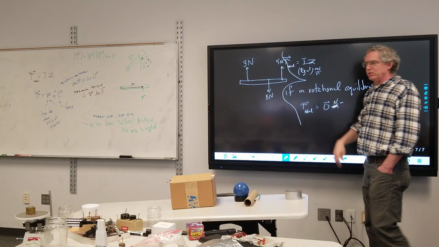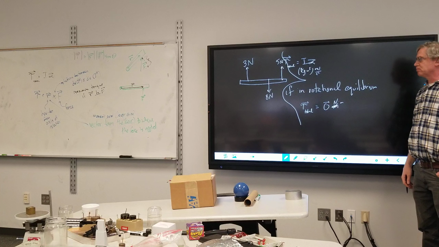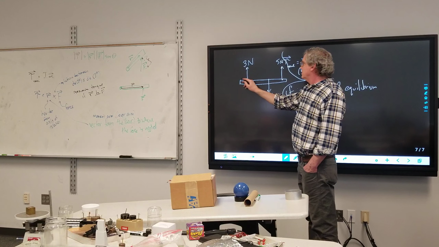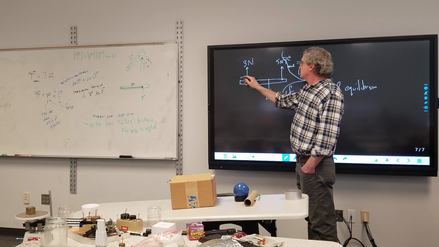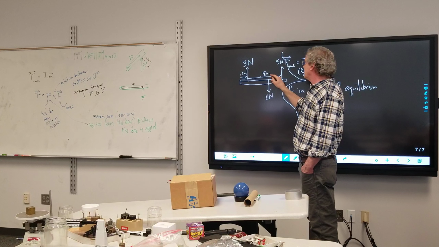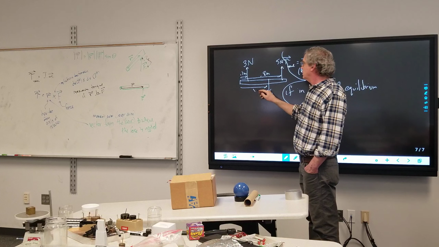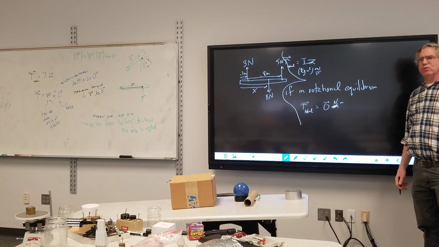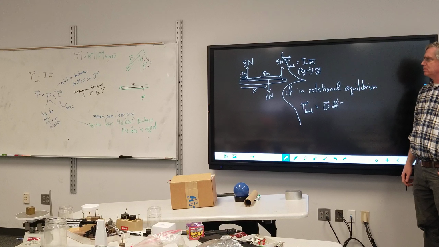We'll assume that the meter stick is massless for right now. If that is 0.1 meters and that is 0.8 meters, where is this one so that it is in rotational equilibrium?